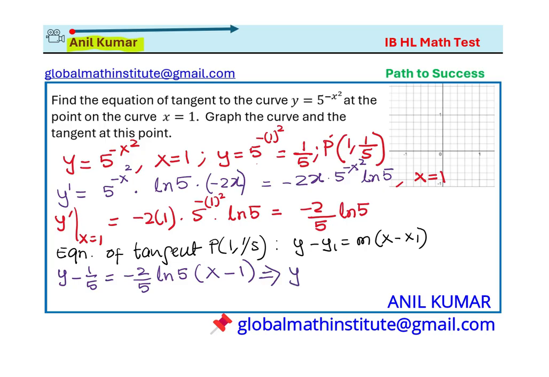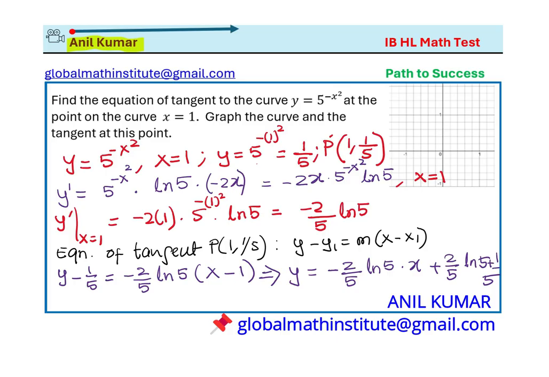We'll rearrange: y equals minus 2 over 5 ln 5 times x, and minus and minus becomes plus, 2 over 5 ln 5, and we'll get plus 1 over 5. Correct. So that becomes the equation of the tangent line.